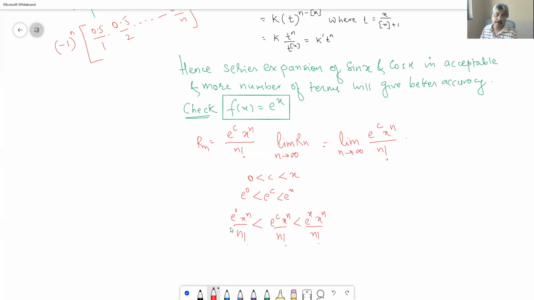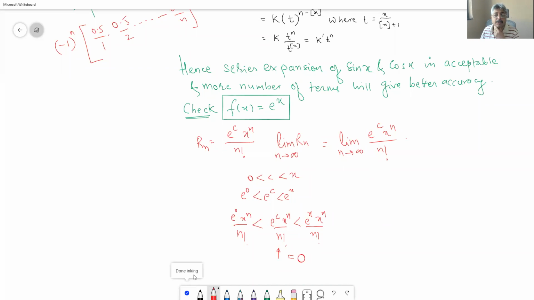Taking the limit, the limit of this is 1, and the limit of this, using the sandwich theorem, tends to the same thing. Or you can directly say here that this is fixed. A finite number multiplied by 0 is 0, and therefore this limit goes to 0.